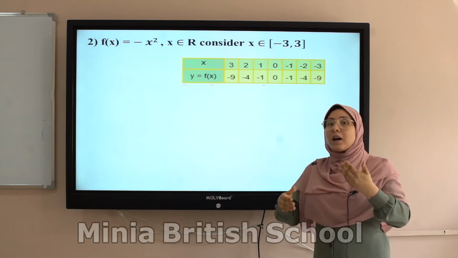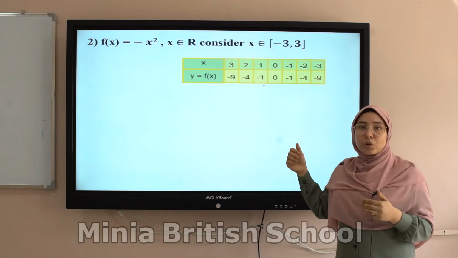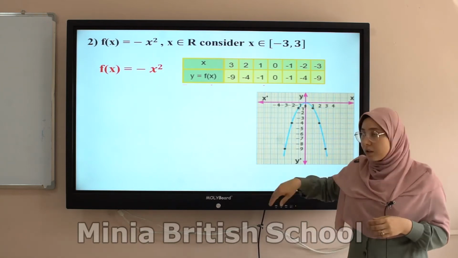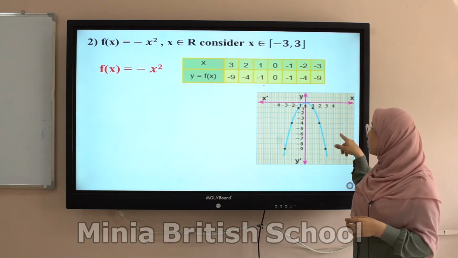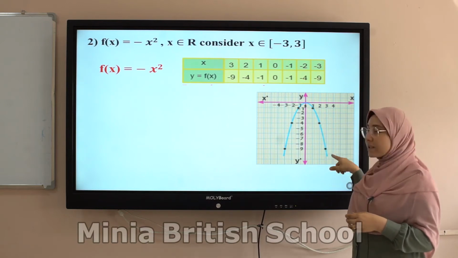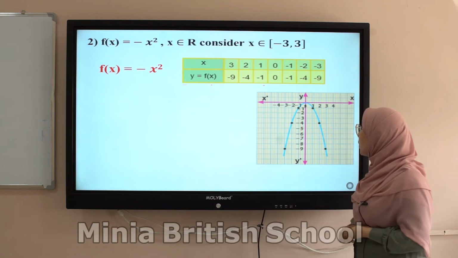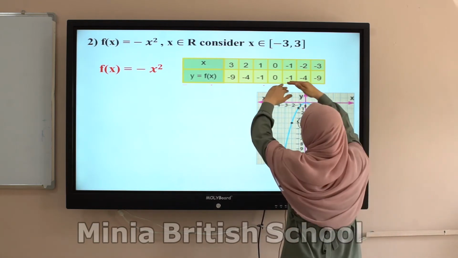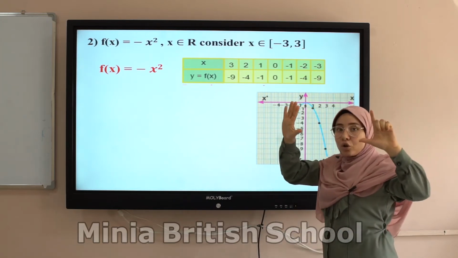Then I will label each ordered pair on the square grid like this. Then I will draw the curve passing through these points which represents this function. Now we note something from this table: I have 7 ordered pairs.